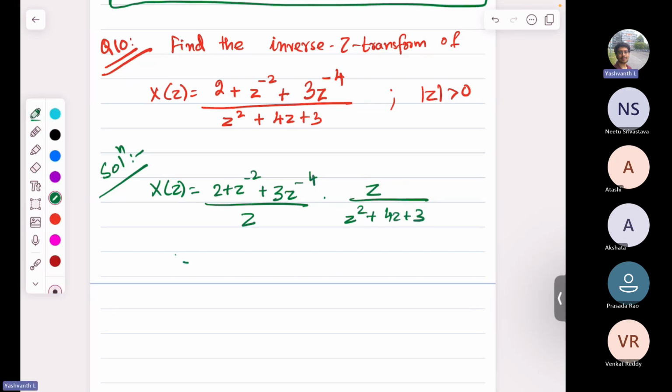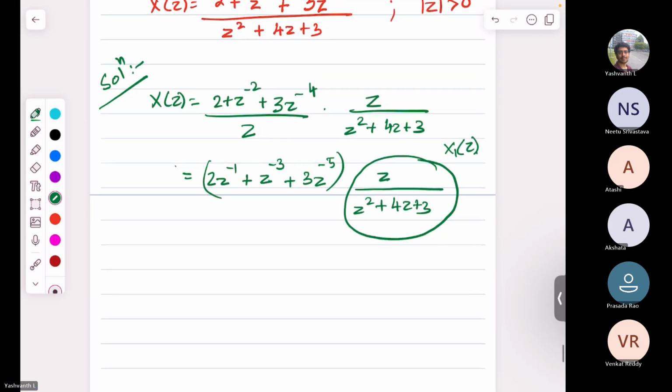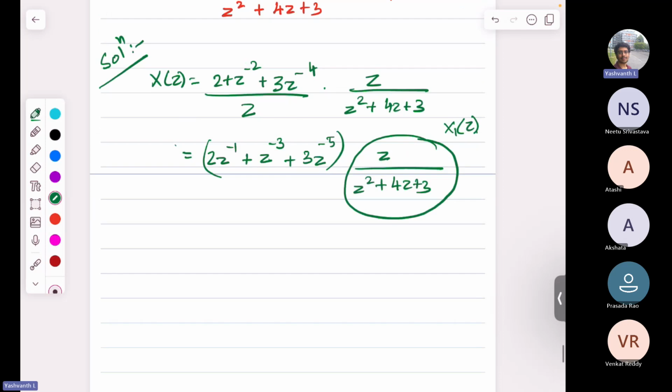So this is nothing but 2z inverse plus z power minus 3 plus 3z power minus 5, into z by z square plus 4z plus 3. Now call this X1 of z. Now you see, X1 of z has positive powers in both numerator and denominator. So first I will compute the partial fraction for X1 of z.